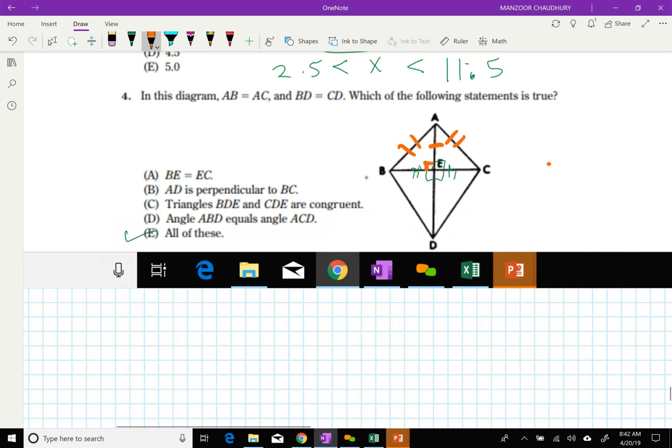So right there, you know it's a 90 degree triangle, and everything in this triangle is equal. Same thing on the bottom two triangles. So there is a way to prove it quickly.